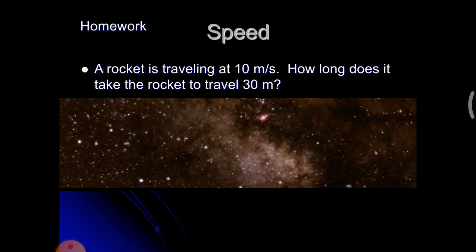The speed of the rocket is given as 10 meter per second. In 1 second, the rocket travels 10 meter. They have given the distance equal to 30 meter. You have to calculate the value of t.